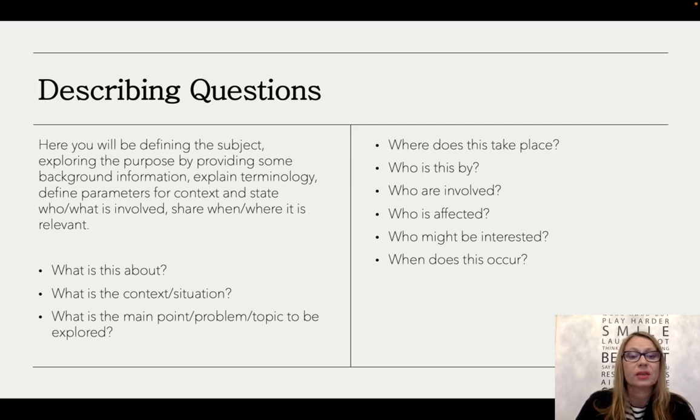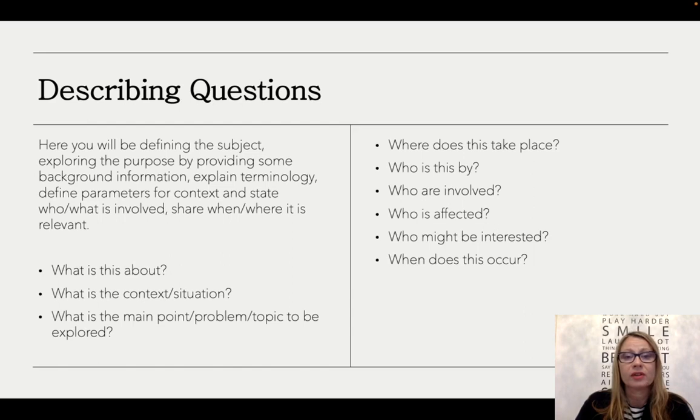But typical questions that you would ask yourself to pose a good position for your wider reading and assignment preparation are: what is it about, what's the context, what's the situation, what's the main point that you're discussing, or problem or topic that's explored. Often you're given that from the outset.